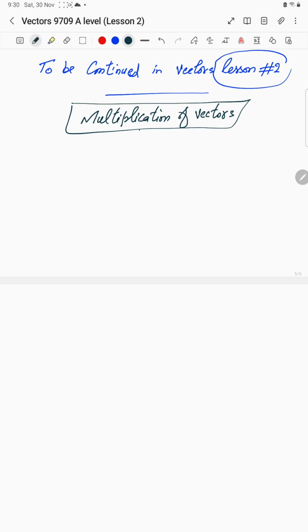Guys, you need to know there are two methods to multiply the vector. One is called scalar product or scalar multiplication, and the other is called vector product.